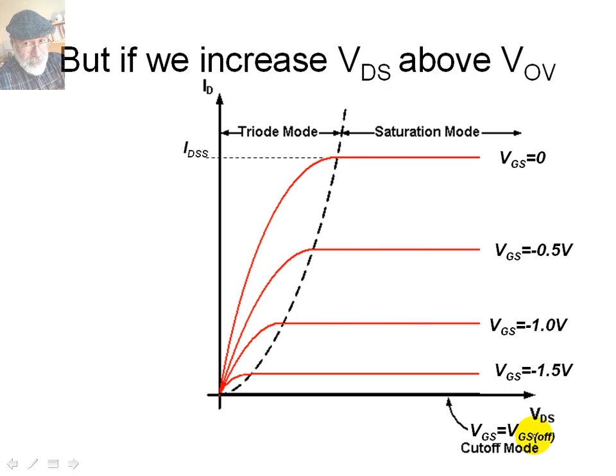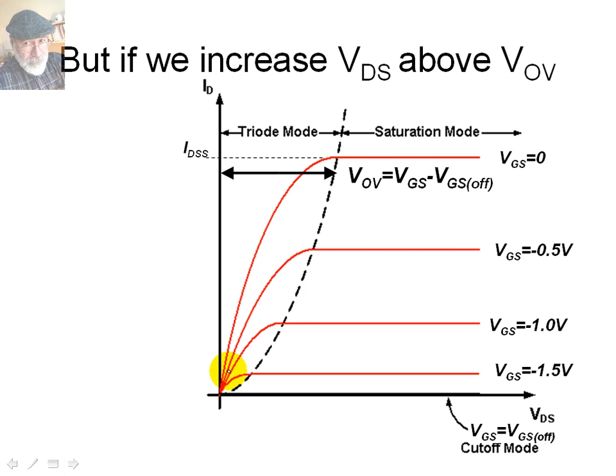Down here we have the cutoff mode, when VGS is VGS cutoff. This distance here between the dashed parabola and the vertical axis is the overdrive voltage for different VGS values.